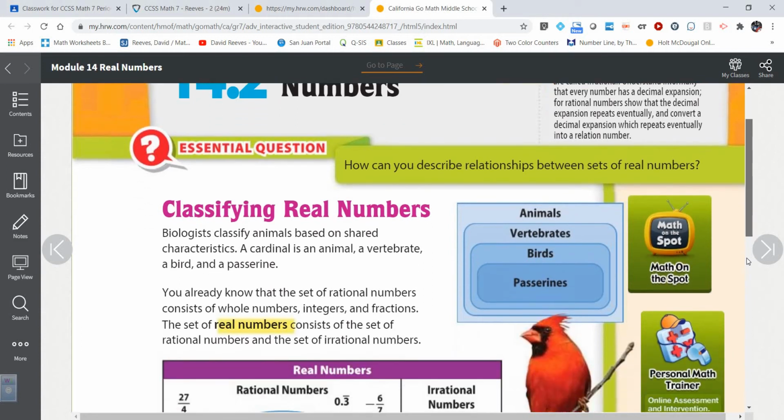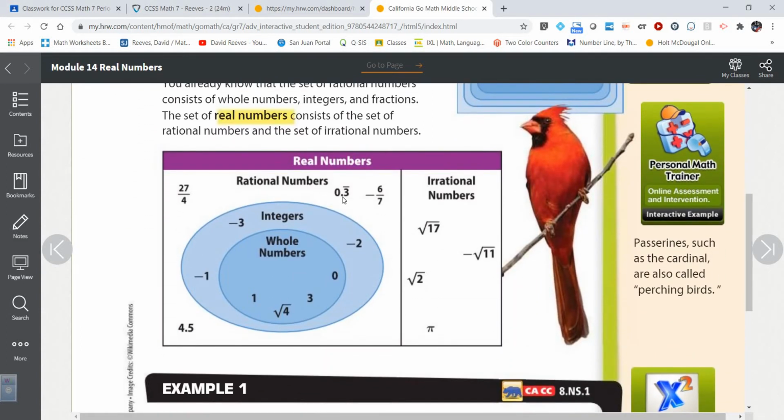So in my previous video, I went through classifying real numbers. Remember we talked about counting numbers, which were inside these whole numbers. As numbers you can count on your fingers, we added 0, and that gave us whole numbers. Integers are those whole numbers plus their opposites.